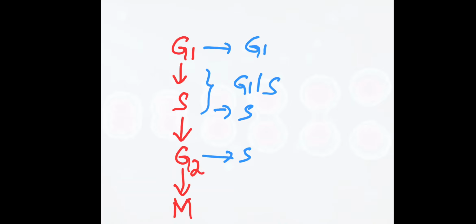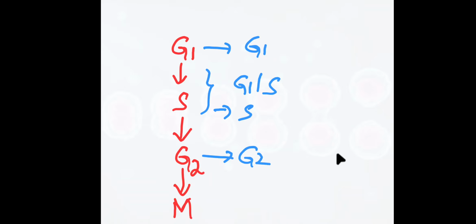So how many cyclins are there? There is G1 cyclin, and G1/S cyclin. In between there is G1/S, and there is S cyclin, and there is G2 cyclin.